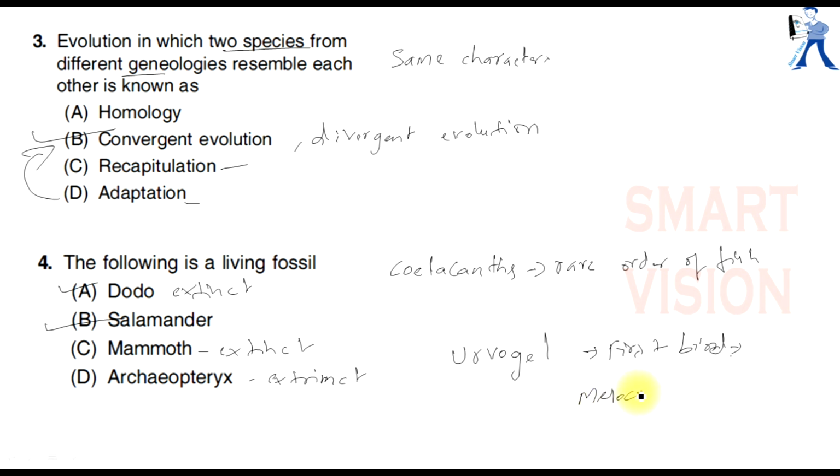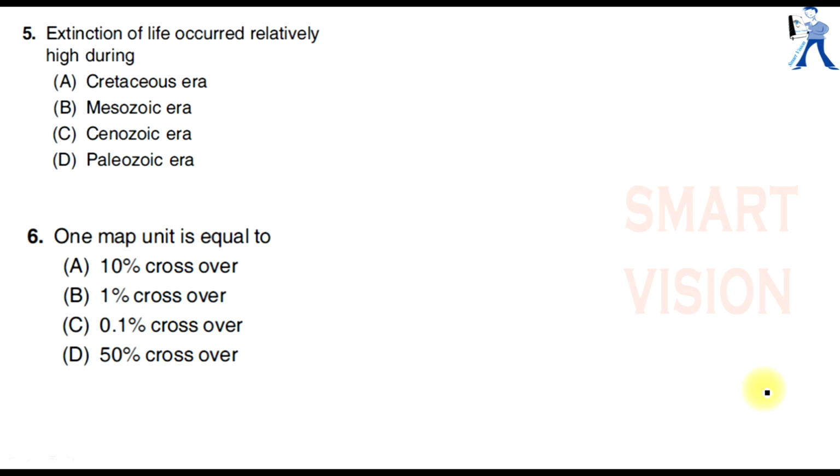Mesozoic era. So the next question says, extinction of life occurs relatively high during which era? This is based on geology, and we know there are mainly three eras.